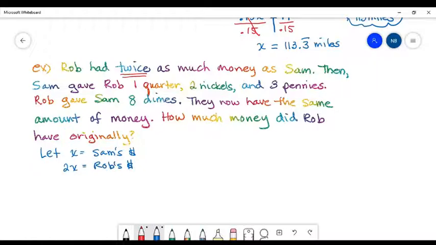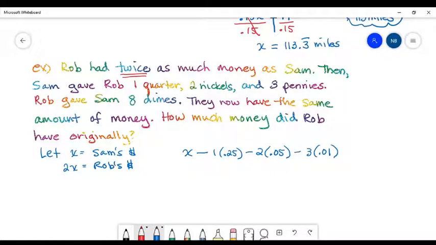Now let's trace through the actual timeline of events here. Sam gave away some money. He gave away 1 quarter, so that's one 25-cent piece. He gave away 2 nickels, so that's 2 times 0.05. And he gave away 3 pennies, which are worth 0.01 each.